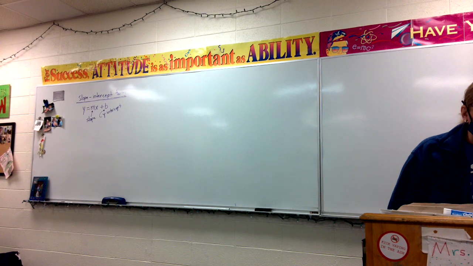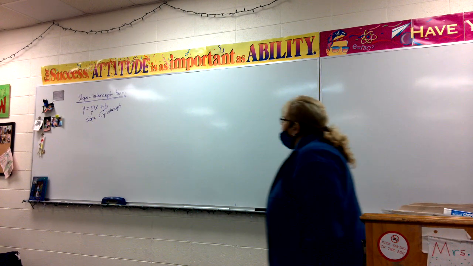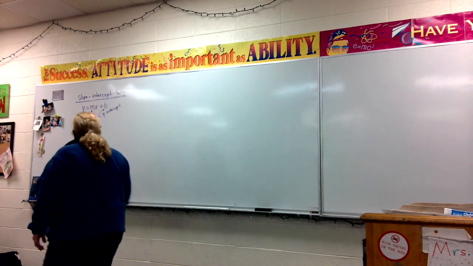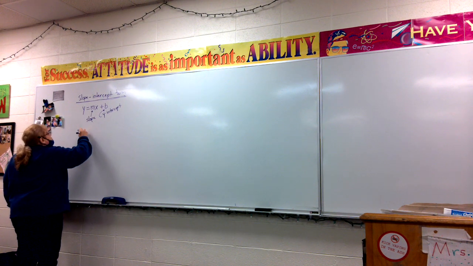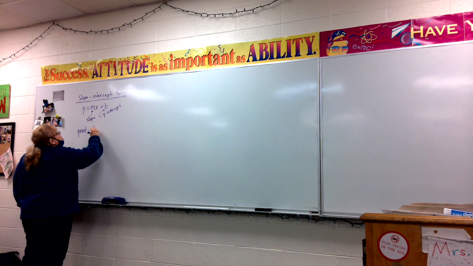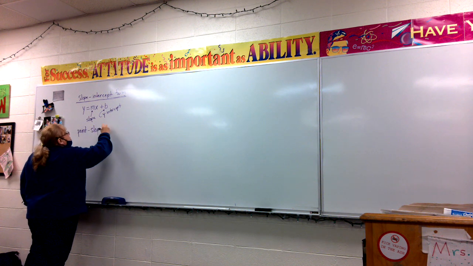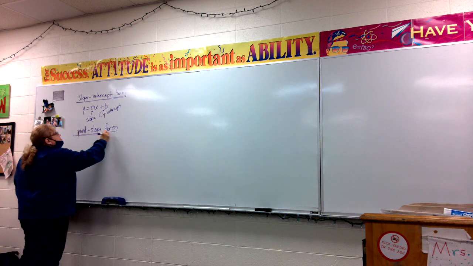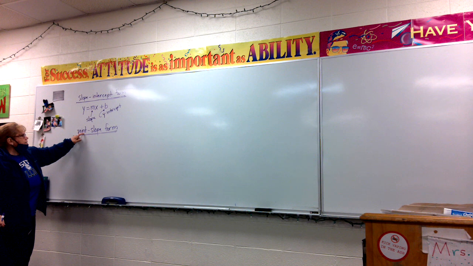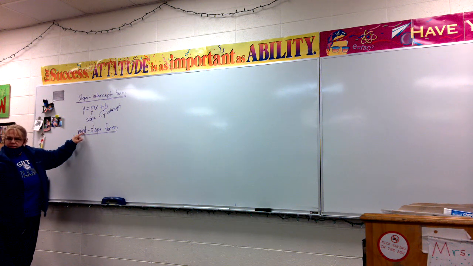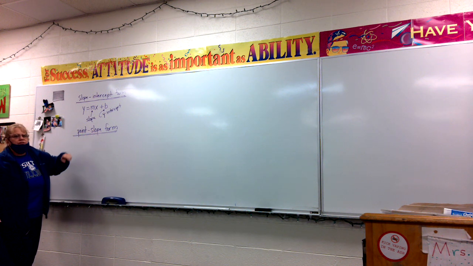Another form of the equation of the line is called point-slope form. And in order to use point-slope form, guess what you have to have? A point on the line and the slope of the line.